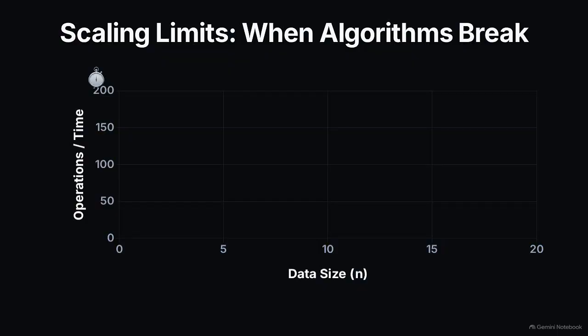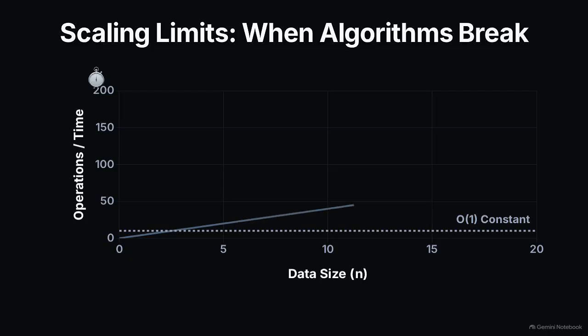The flat horizontal line represents constant time, or O of 1, where the operation takes the same amount of time regardless of dataset size. The diagonal line represents linear time, or O of n, where processing time increases in direct proportion to the data. Now watch what happens when we introduce less efficient strategies.